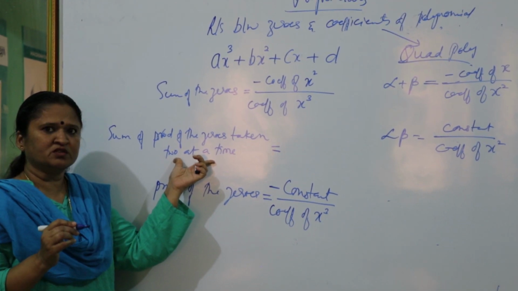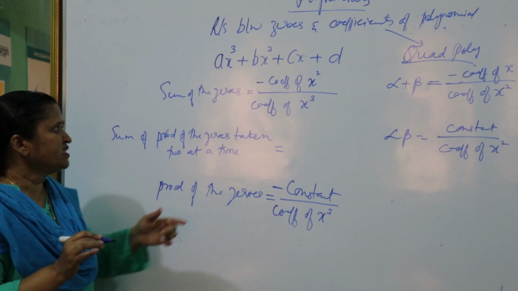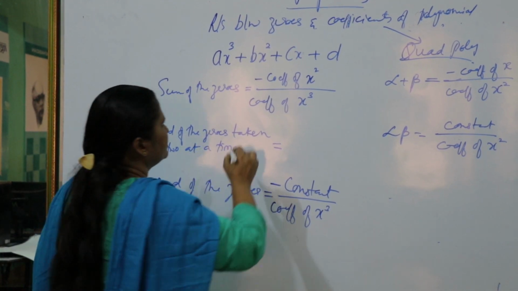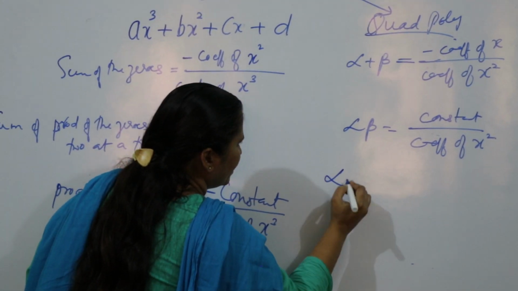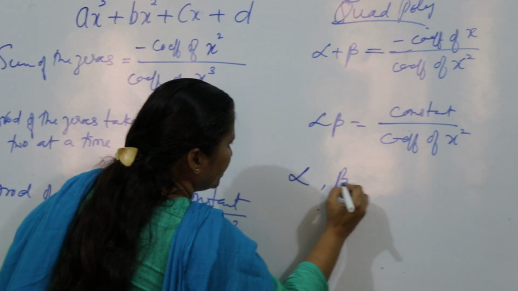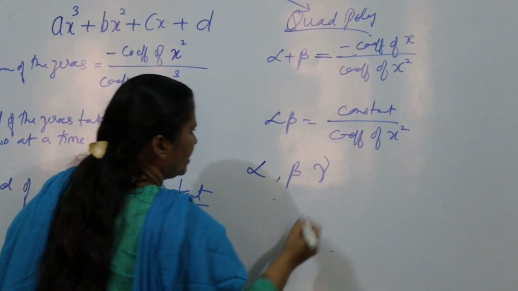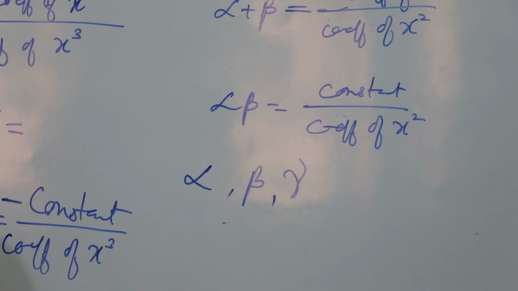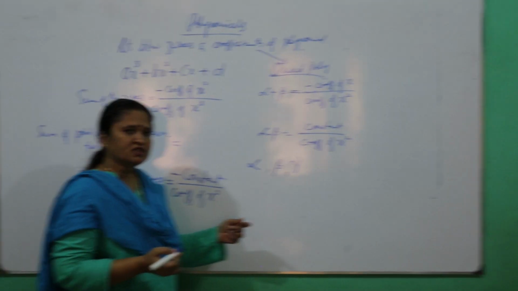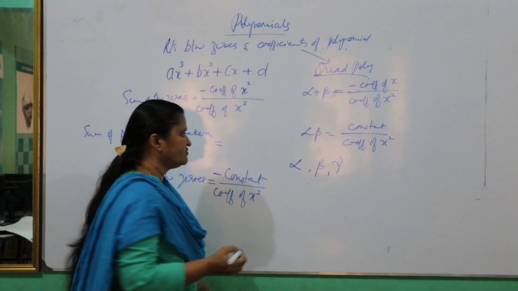Product of the zeros taken two at a time, which means now let the zeros of this cubic polynomial be alpha, beta, and there's one more new symbol, gamma. Alpha, beta, gamma. Now let us take the product of any two at a time and see what combinations we get.